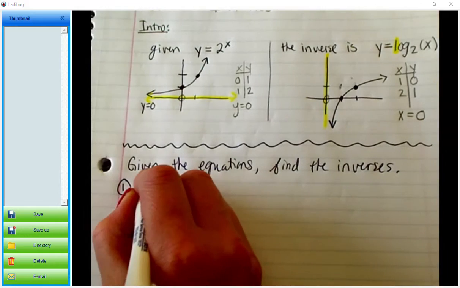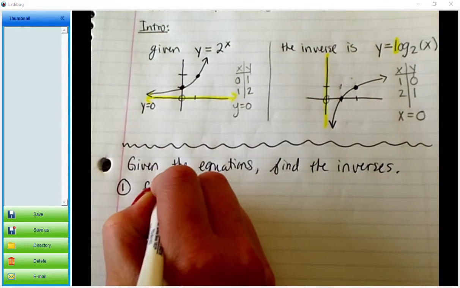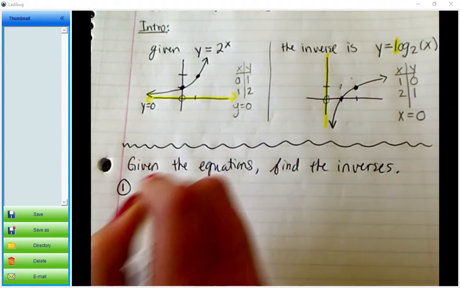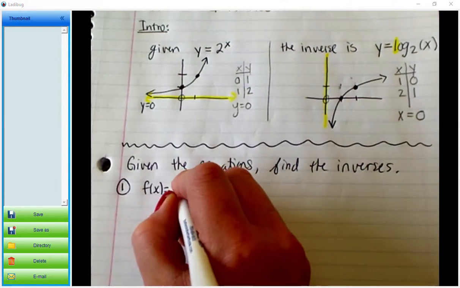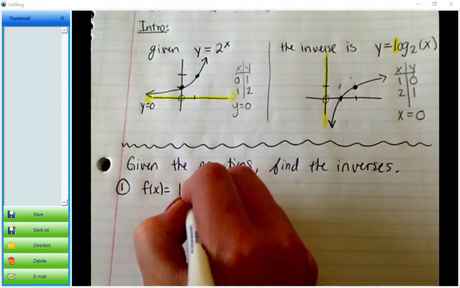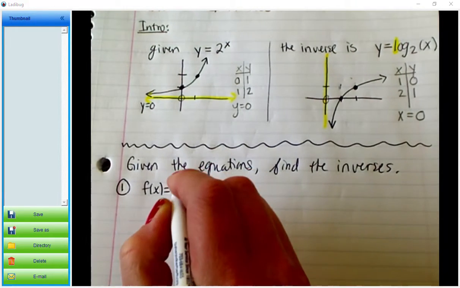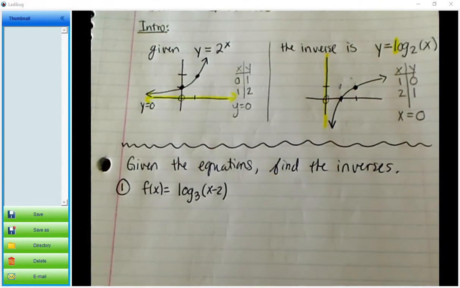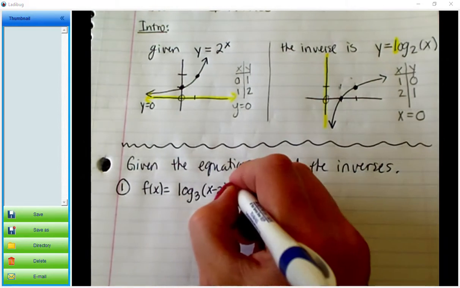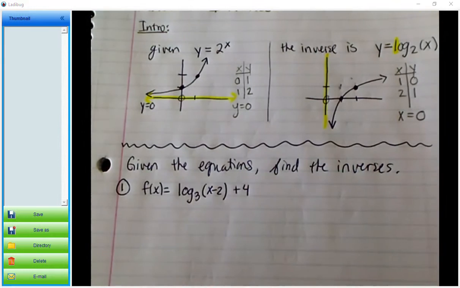We're going to start with f of x equals log base 3 of x minus 2, plus 4.